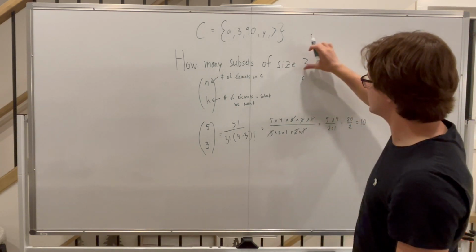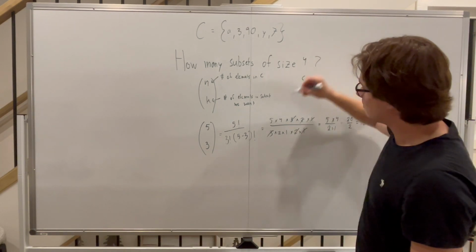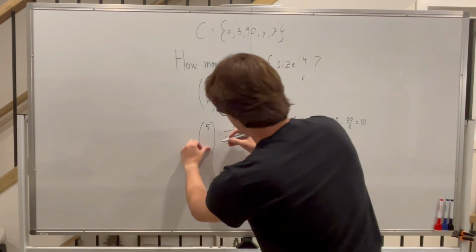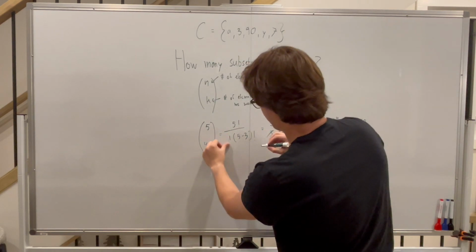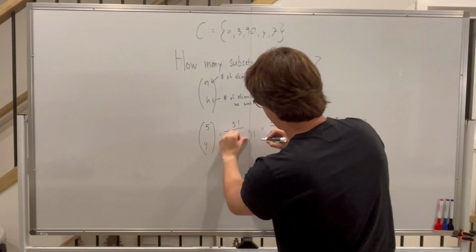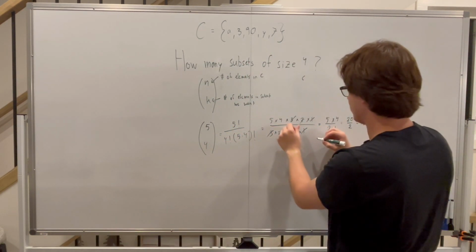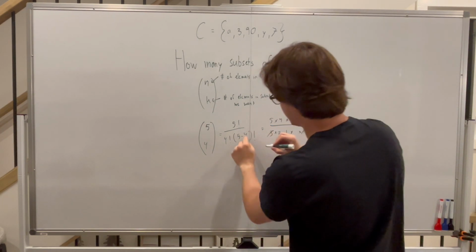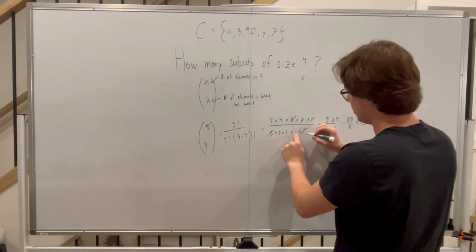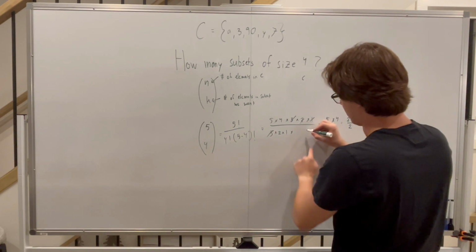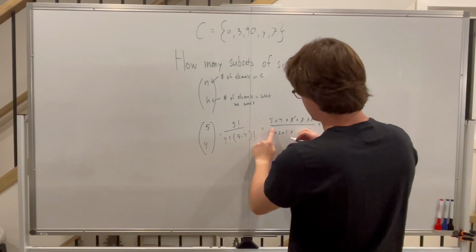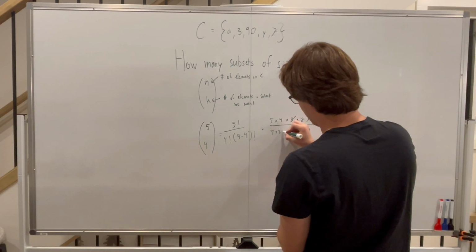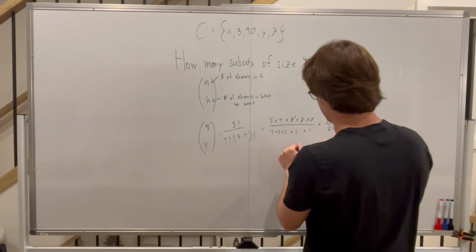If you wanted to compute size 4, simply go ahead and replace this 3 with a 4, the 3 here with a 4, and the 3 here with a 4. You would get that this is 2 times 1, because 5 minus 4 is 1, so multiply by 1 here. 4 factorial is simply going to be 4 times 3 times 2 times 1.